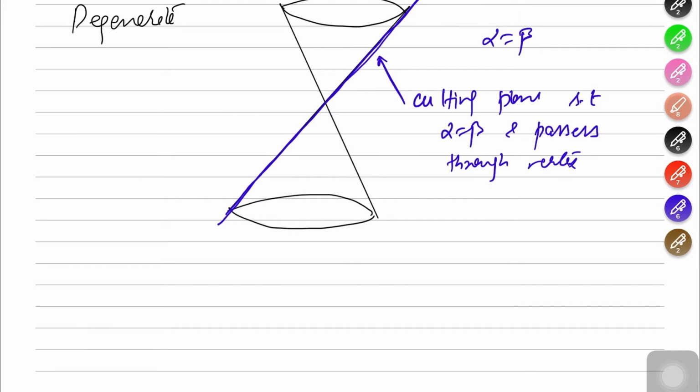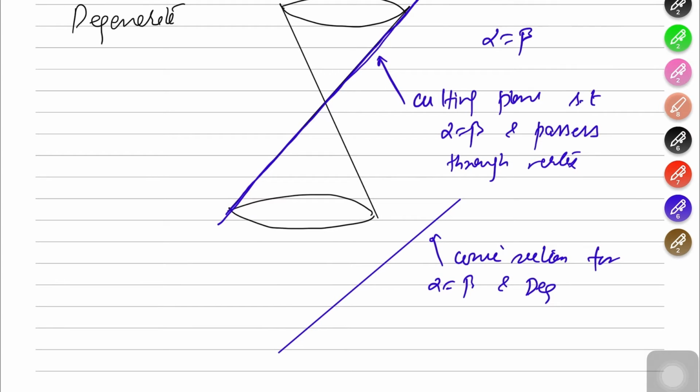And then what we observe here, the conic section is just a line. This is the conic section for alpha equal to beta and degenerate, that passes through the vertex.